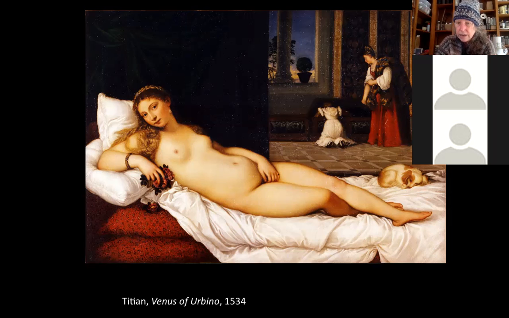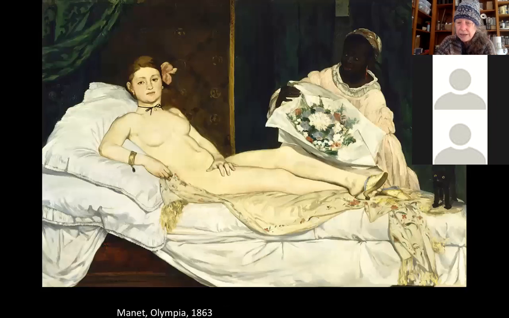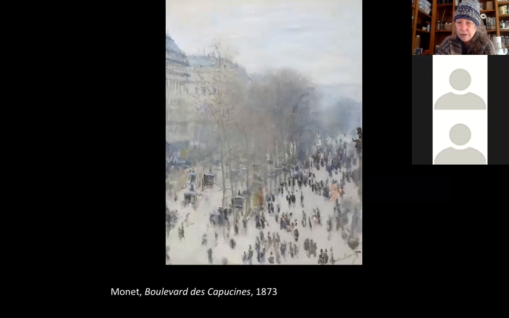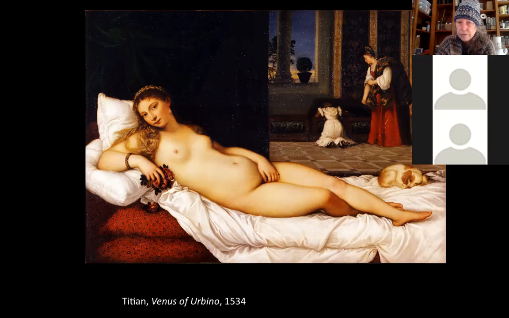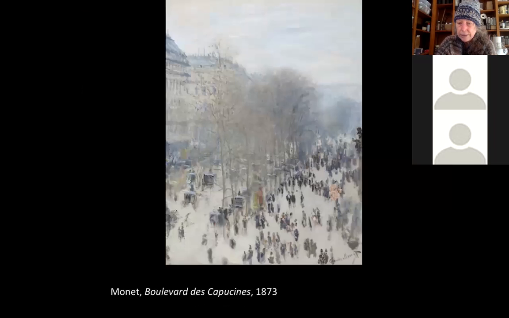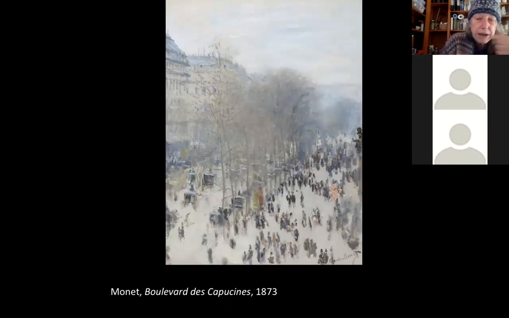So I think that's one of the reasons that painters started experimenting with different styles of painting. Especially Monet, who we're going to talk about later.